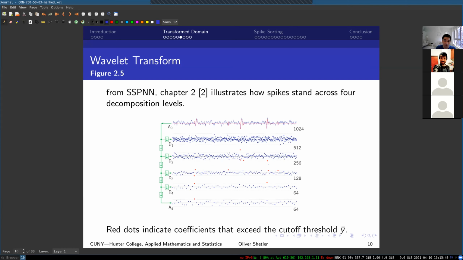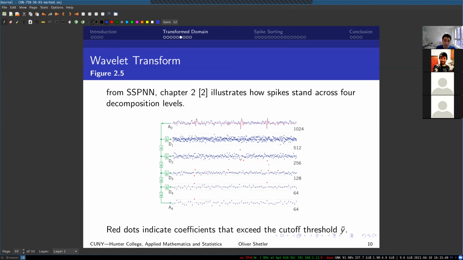So we estimate the cutoff threshold by this formula here. Basically the absolute value of the coefficient must be greater than the standard deviation of the noise times the square root of 2 log n, where n is the number of coefficients in phi.